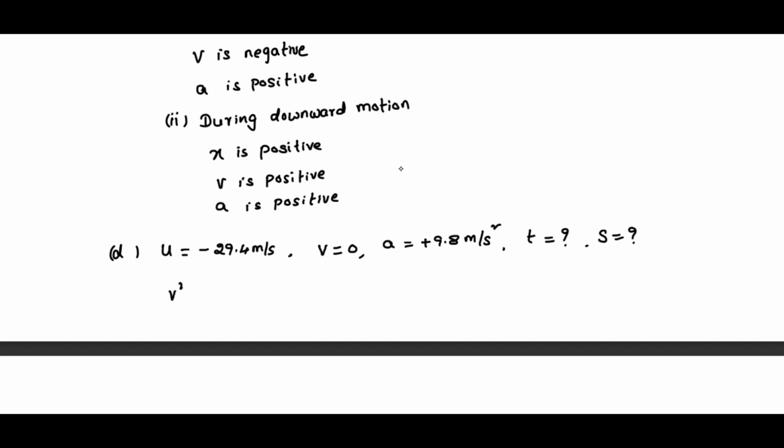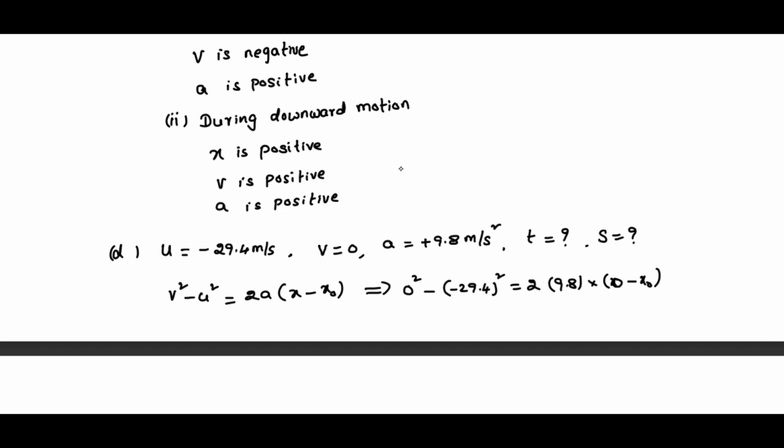So we can use v square minus u square is equal to 2a into displacement. Displacement can be written in terms of position, x minus x naught. So 0 square minus 29.4 whole square is equal to 2 times 9.8 into x value, which is 0 minus x naught.